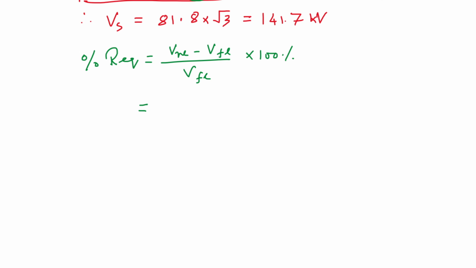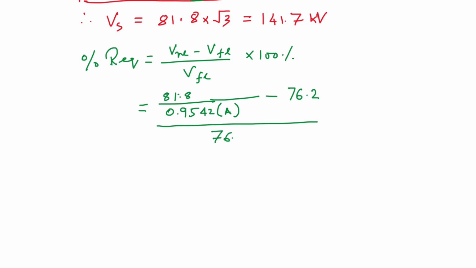VNL, as you know, is VS by A. So VS is equal to 81.8 divided by 0.9542, which is equal to A, minus VFL, that is full load voltage, that means VR, that is 76.2, divided by 76.2 into 100%, which comes out to be 12.5%. So percentage regulation is 12.5%.